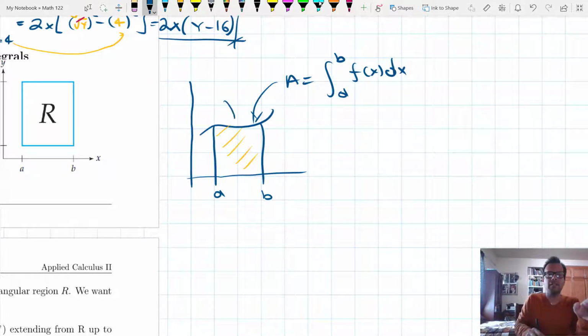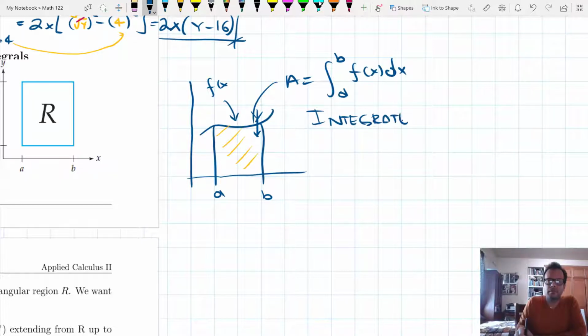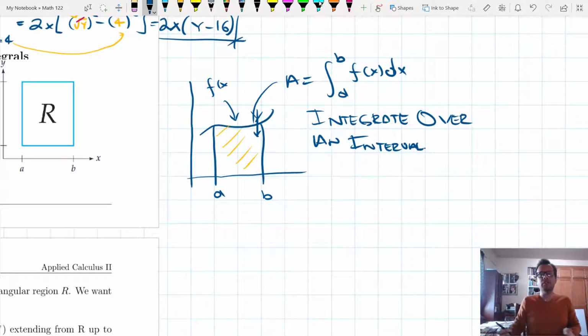So again, this is f of x, and we are looking for the area, so we integrate over an interval that goes from A to B, including the endpoints A and B. That was the simplest form.